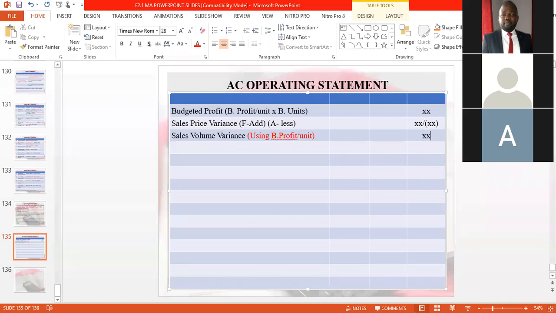If positive, you add; if negative, you less, and then you get the total of this. And then next, you go to what we call cost variances. You list all your cost variances. If it is F, favorable, you write it there.